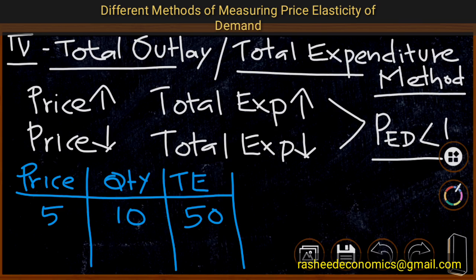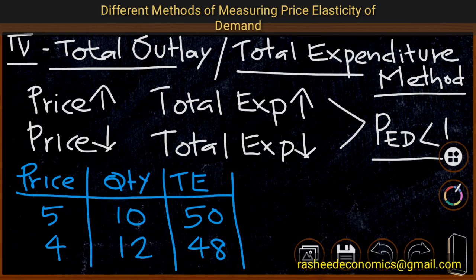Now let us analyze the decrease in price of a product. We have the initial price of the commodity as 5 and quantity demanded of the commodity is 10. Automatically total expenditure will be 50 rupees. When price decreases from 5 to 4, quantity demanded increases to 12, but the total expenditure is decreasing.